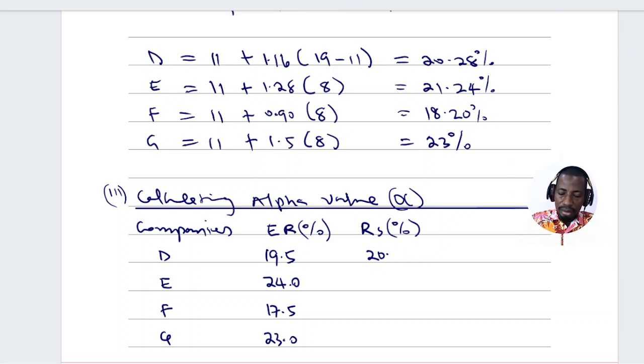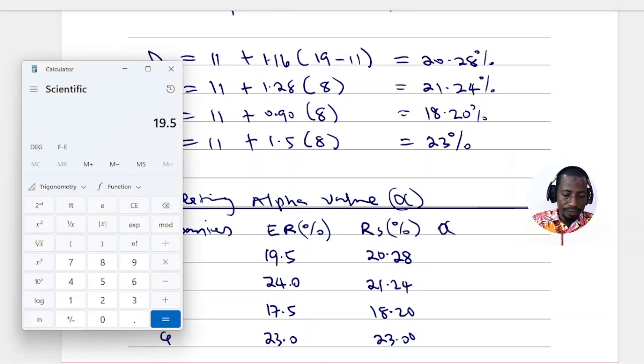Next one, 21.24%, 18.2, then 23. Therefore, alpha will be equal to 19.5 minus 20.28 equals minus 0.78.